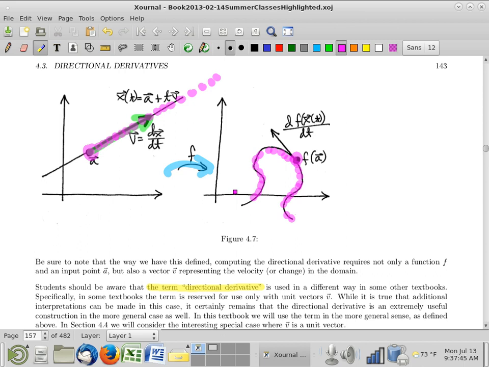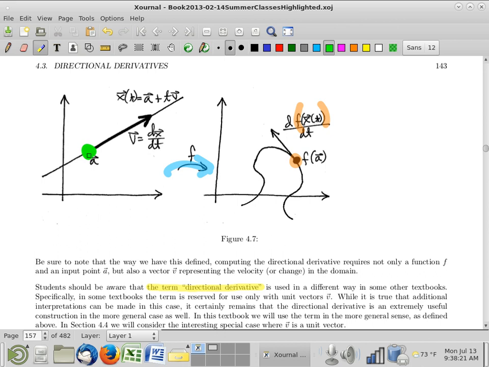So the goal, keep in mind, was that if I'm here and moving with that velocity, I want to know what the velocity of that output point is. The way we're going to get our hands on that is to observe that this point here, I'll do this in orange, is f of x of t.